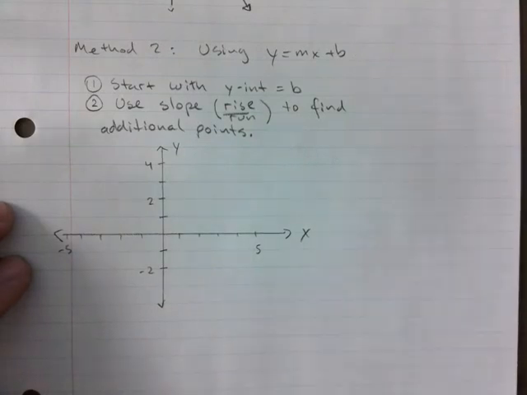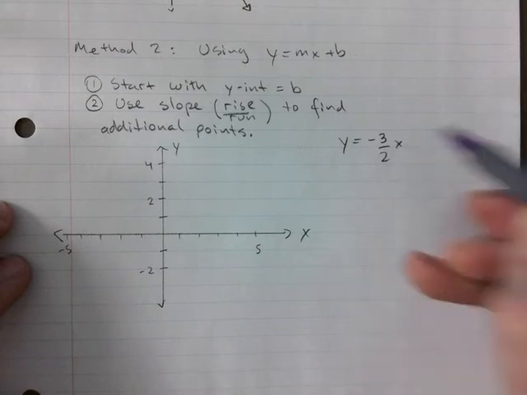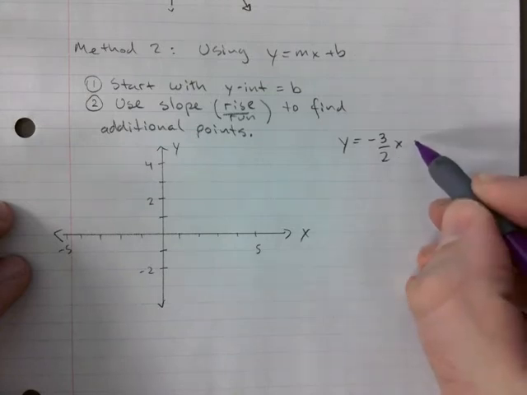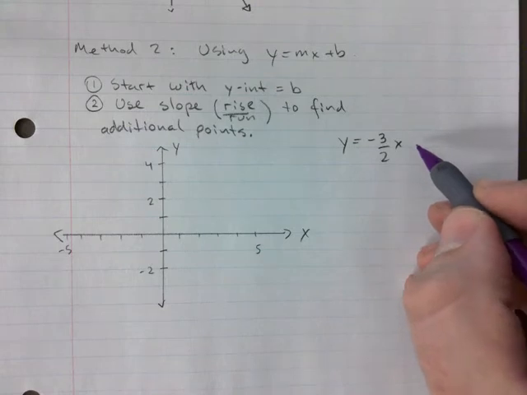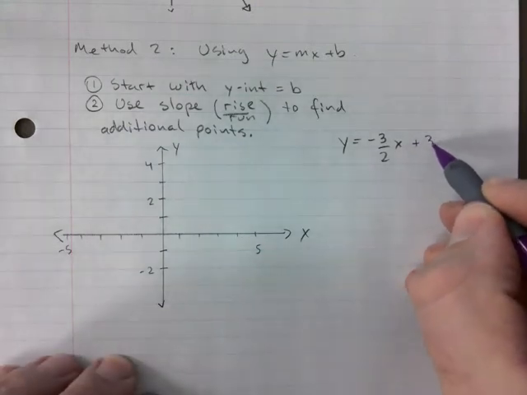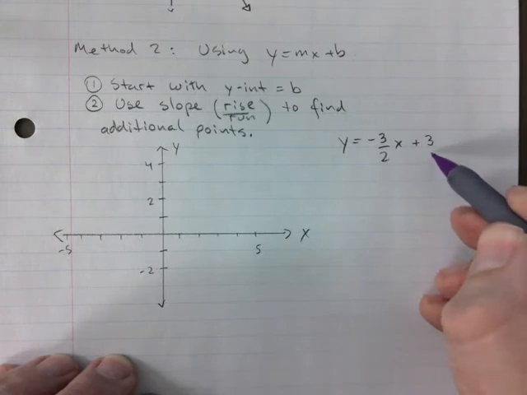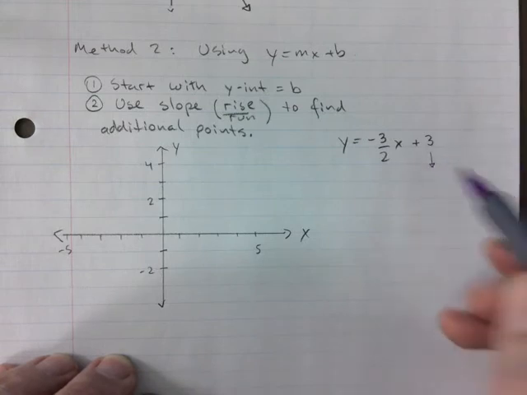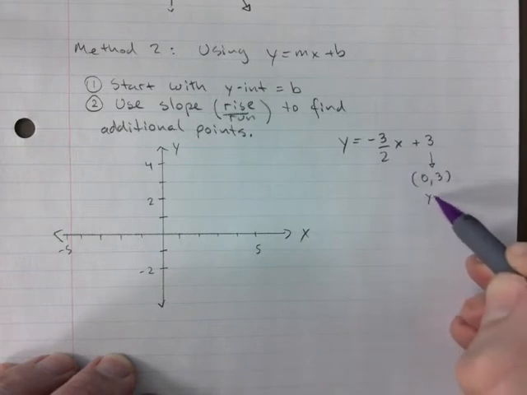First of all, I'm going to write down y is equal to negative 3 over 2x plus 3. So from here, I know that (0, 3) is the y-intercept.